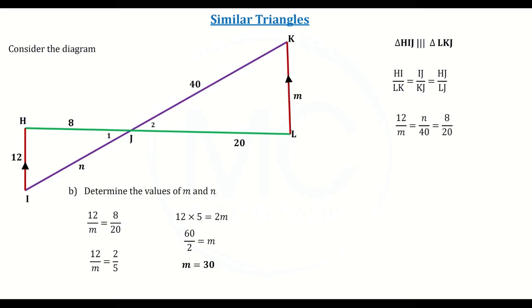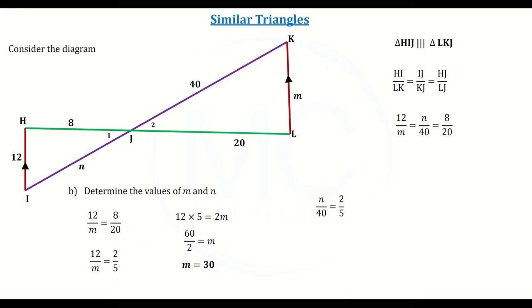Now we can find N. Let's use the fraction N over 40 and the fraction with actual values, 8 over 20. We already know that 8 over 20 can be simplified to 2 over 5. So now I can say N over 40 is equal to 2 over 5.